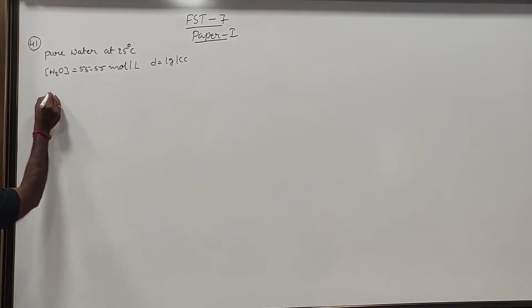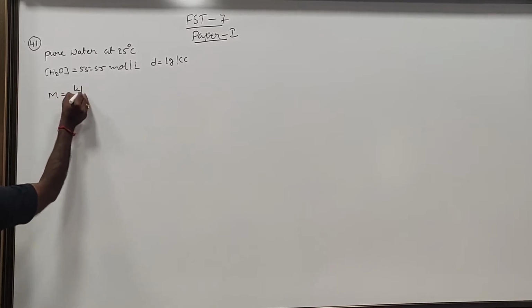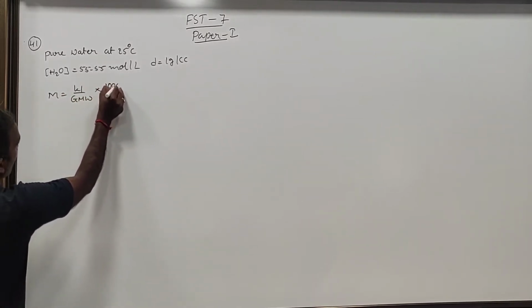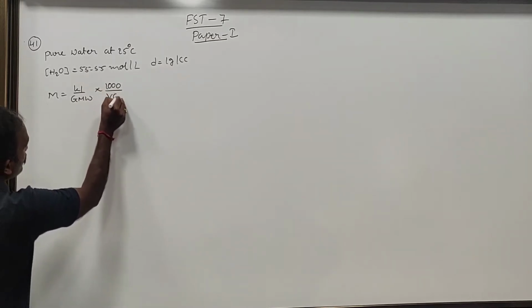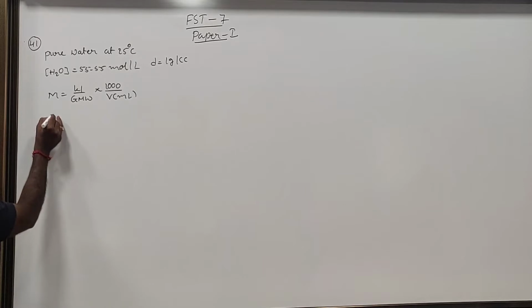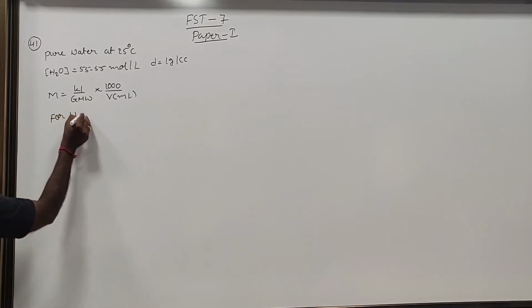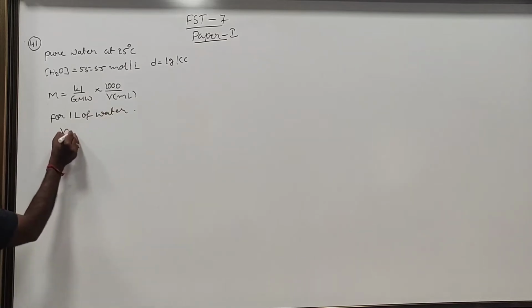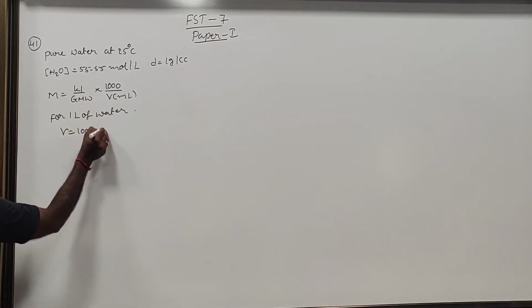As we all know, molarity is equal to weight divided by gram molecular weight into 1000 divided by volume in ml. For 1 liter of water, volume is equal to 1000 ml.